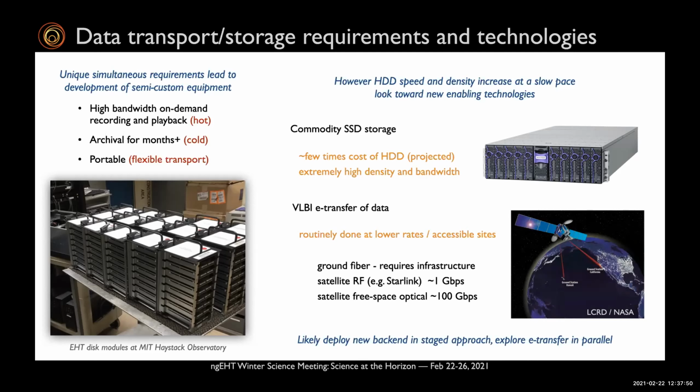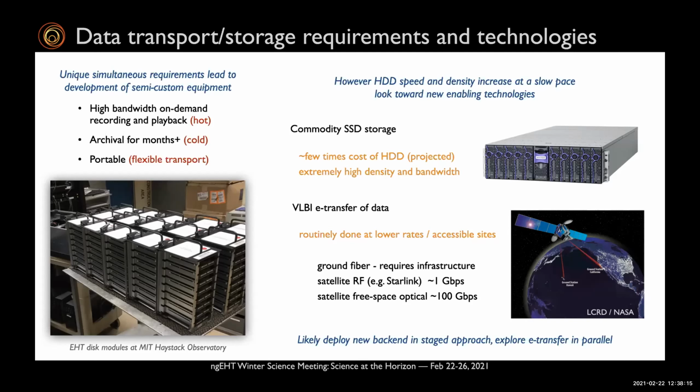There are a few ways you can do this. You can use ground fiber if you have it available. That's very nice. There are many developing satellite RF networks like Starlink, commercially available, which might provide rates on the order of a gigabit per second, which is pretty good, not real time for our purposes, but maybe good enough to trickle our data back slowly.